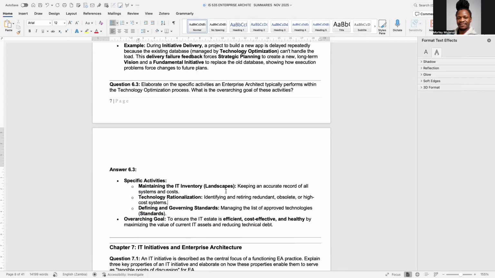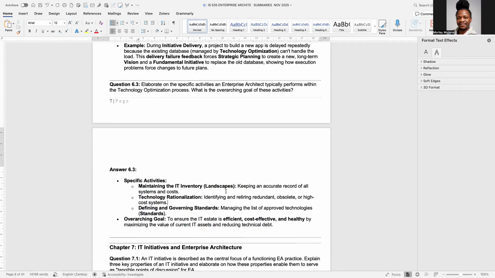And then the second activity, apart from managing the inventory, the enterprise architect is involved in technology rationalization. This is the process of identifying systems that are redundant. Okay, we have 3 apps doing the same thing.